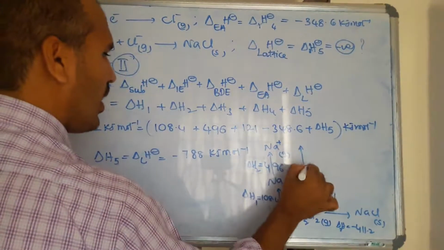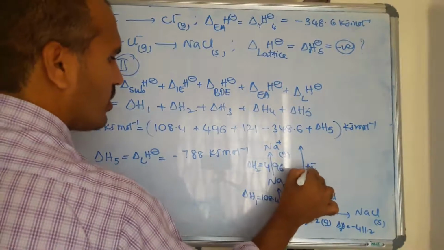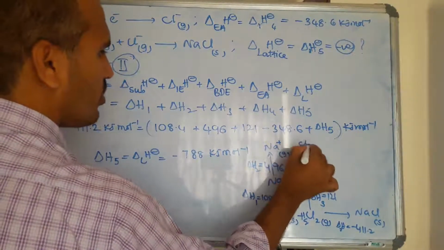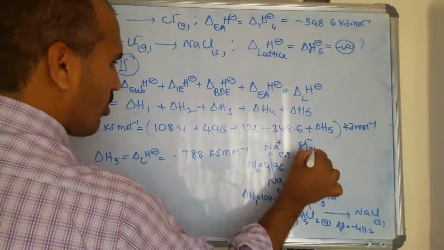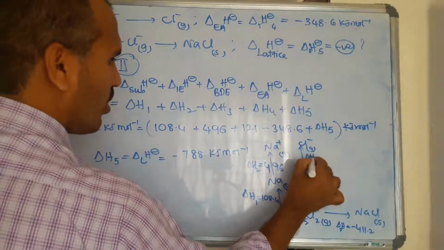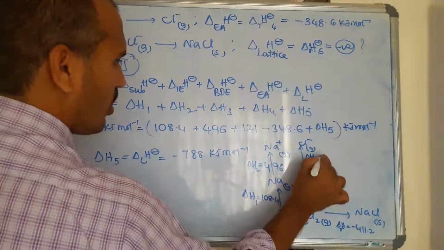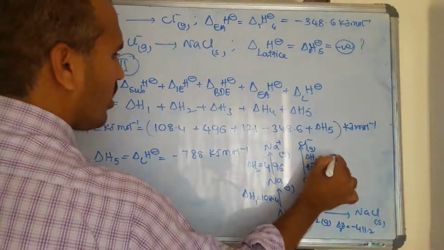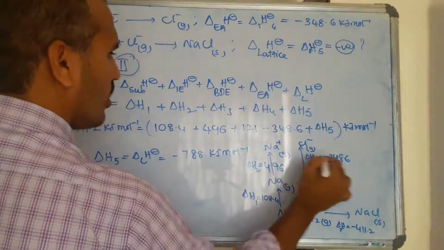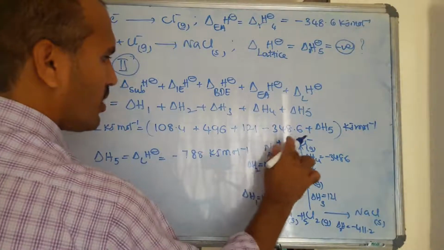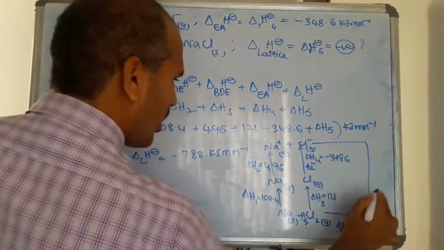For this we are adding an electron, then it goes to Cl minus in gaseous form. This value is the electron gain enthalpy, delta H4, equal to minus 348.6. Then all these Na plus and Cl minus combine to form NaCl.